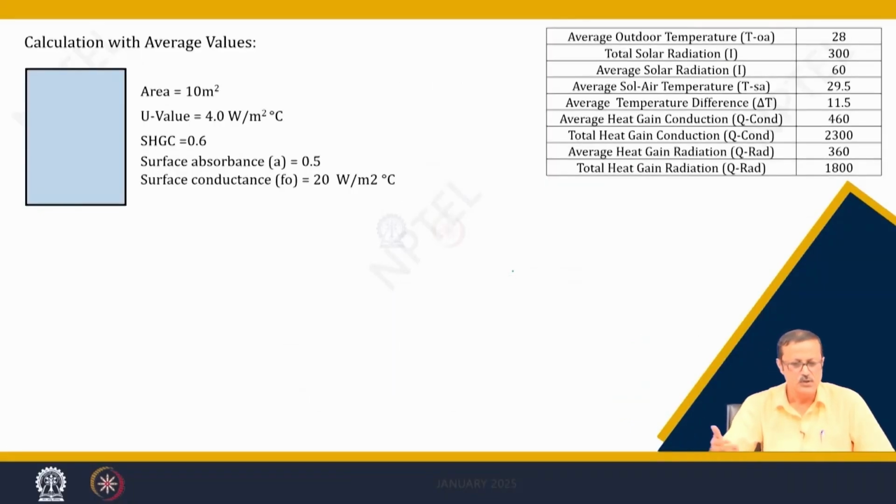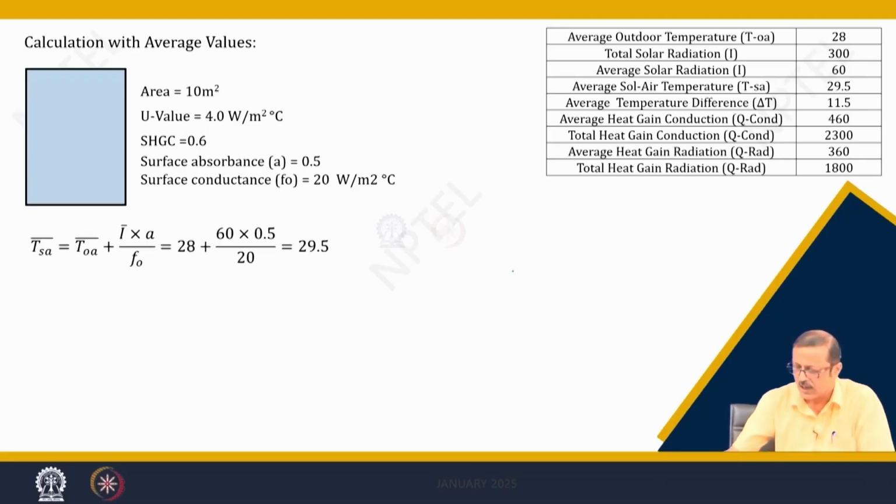So, let us see. Here is the same fundamental. I first find this average solar air temperature based on the average value of the outdoor temperature and the average value of the solar radiation. You see 28, why 28? This is the 28 average value.